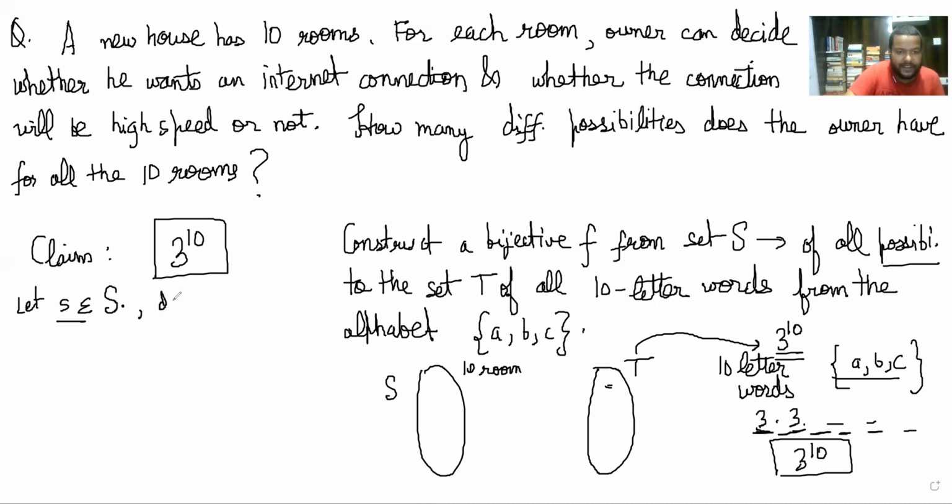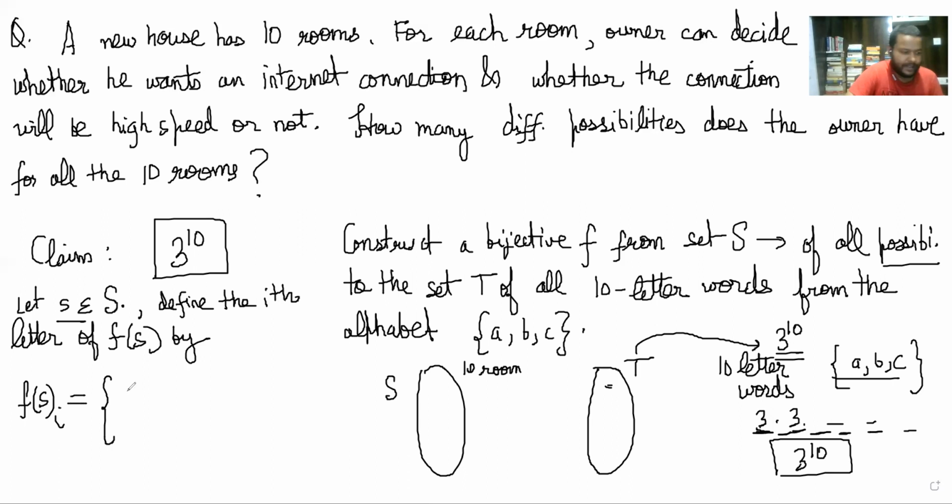So let's say we define the ith letter of f(s) by this function. The ith letter of f(s) will be A if no internet, B if high speed internet, and C if low speed internet, right?